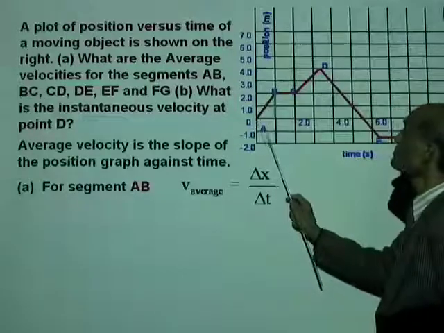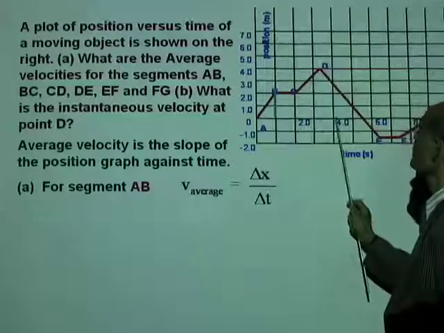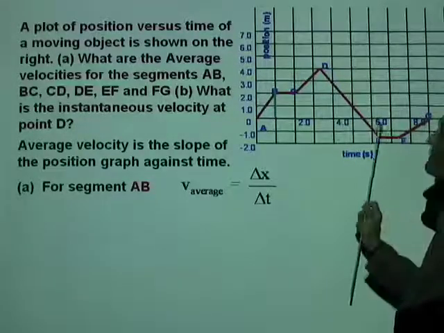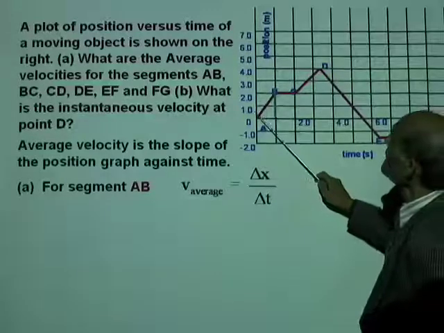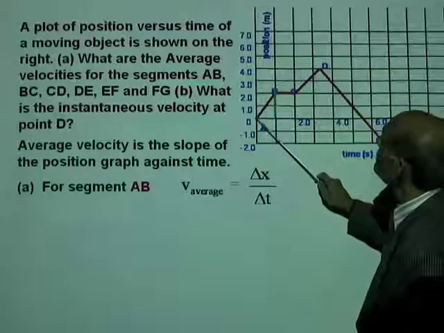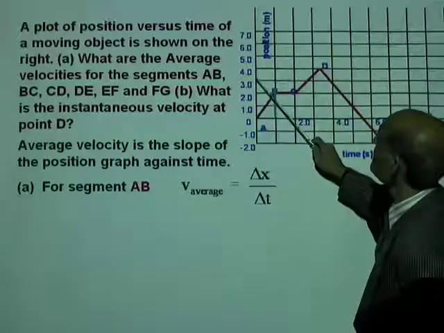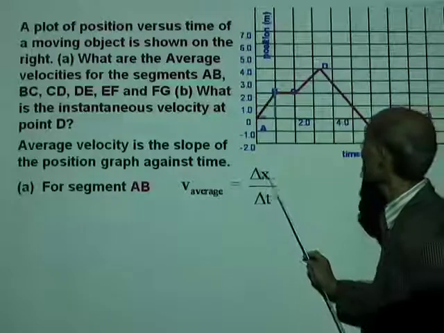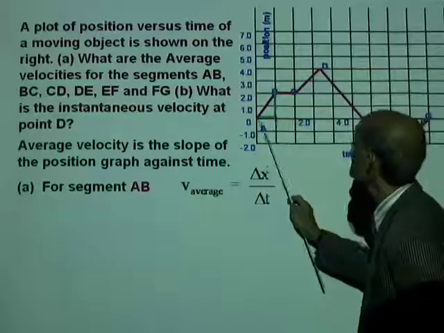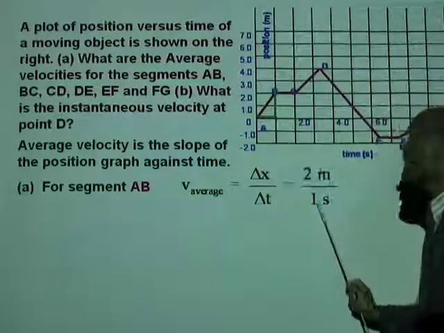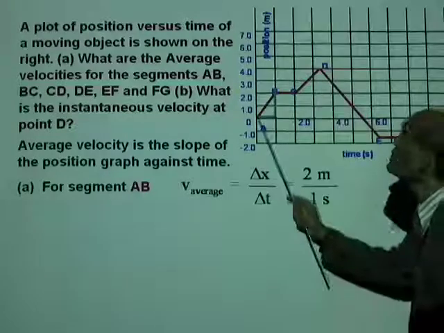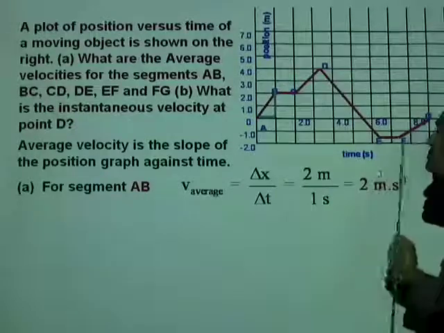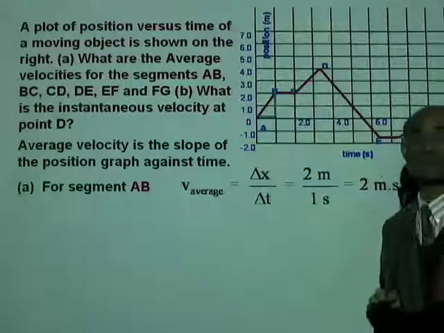If you notice, this is 0, 1, 2, 3, 4, 5, 6, 7, 8, 9, 10, and the x position goes 0, 1, 2, 3, 4, 5, 6, 7. Alright, so delta x is 2 meter. Delta t is 1 second. The average velocity for that segment AB will be 2 meter per second.